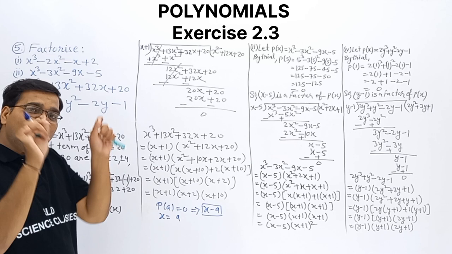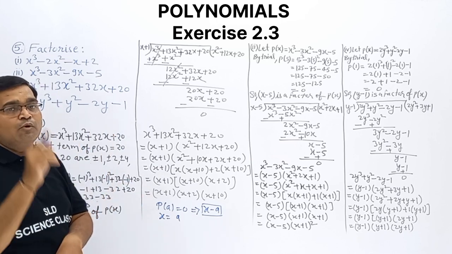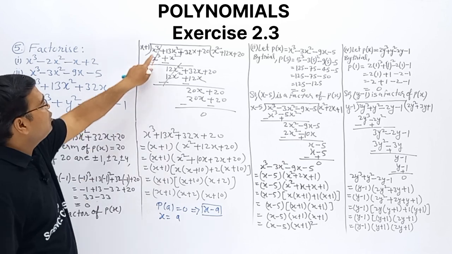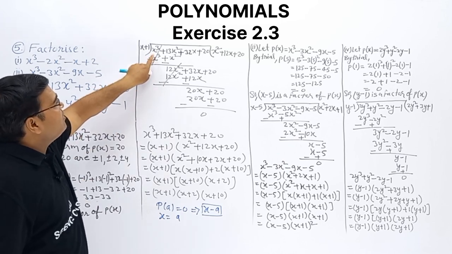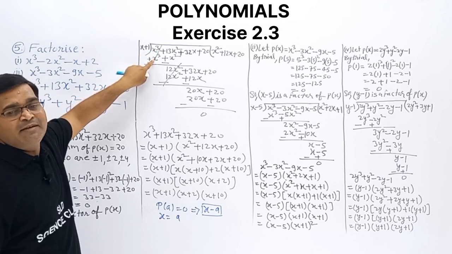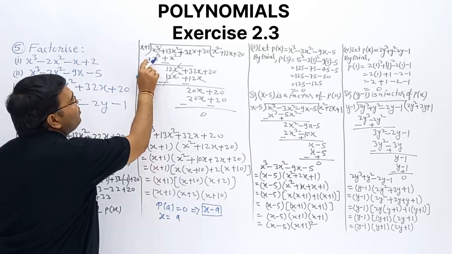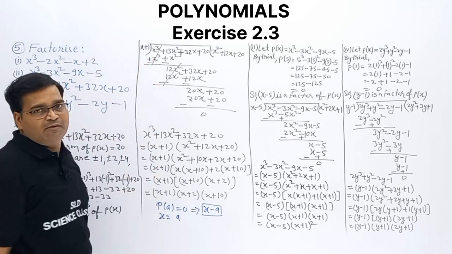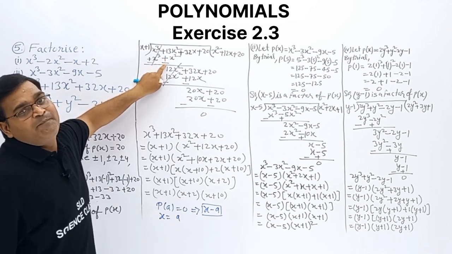We want to subtract this one from this one, so this will be the negative one and its sign will be changed. This is positive, so when we subtract, its sign will be negative.